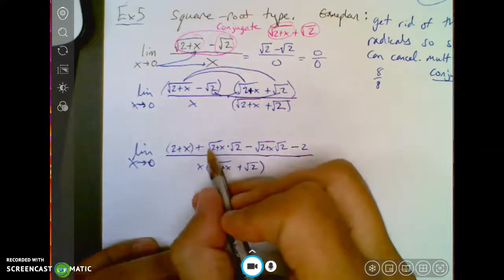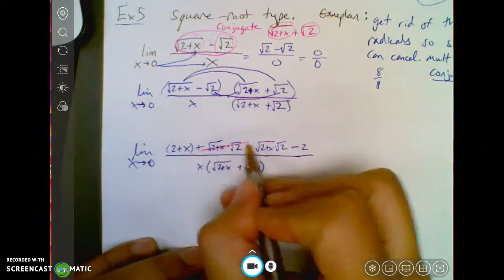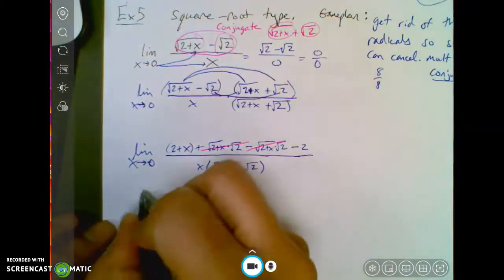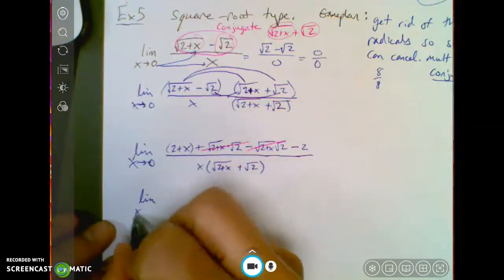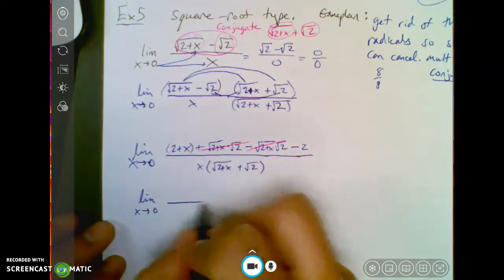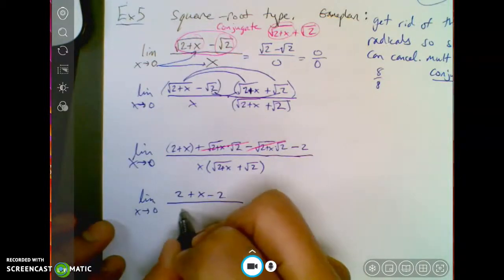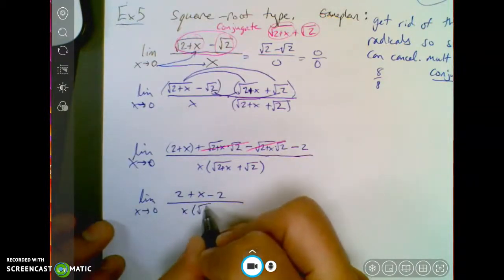Alright, so what happens? On top, I have a plus one of these and a minus one of those. That should happen every time. If that doesn't cancel, you done messed up. So what's left on top? There's nothing to cancel yet, you say. I say, please continue to hold your horses, because horses love to be held.